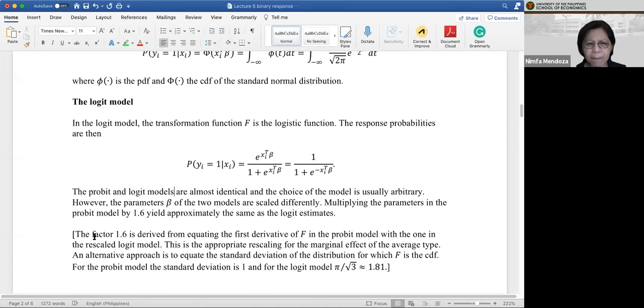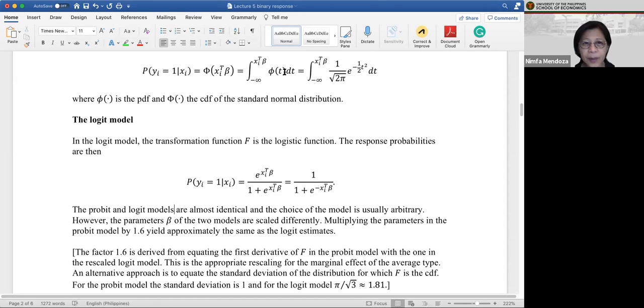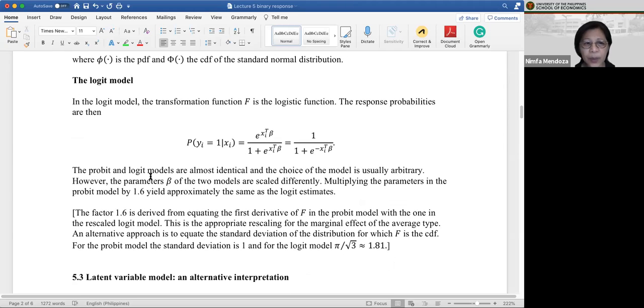Okay. Where did they get this 1.6? The factor 1.6 is derived from equating the first derivative of F in the probit model with respect to x with the one in the rescaled logit model.